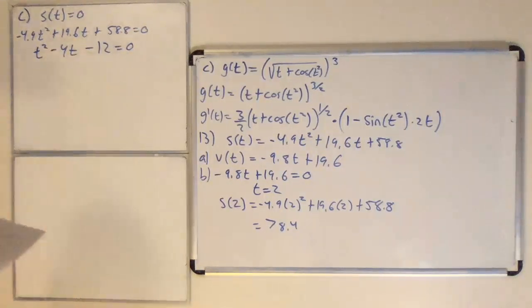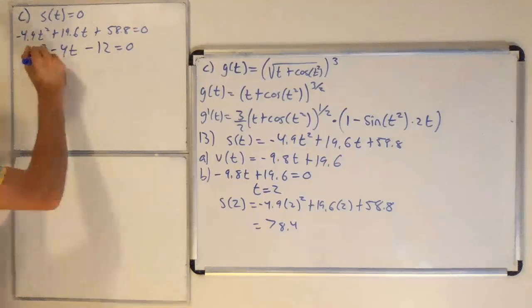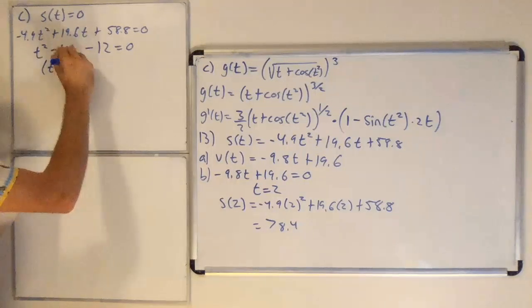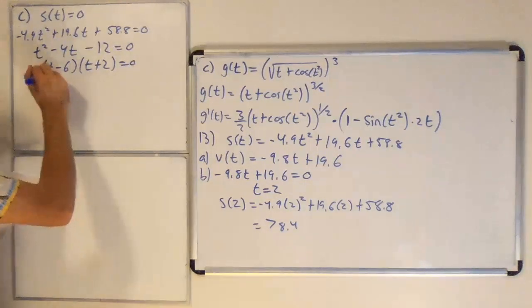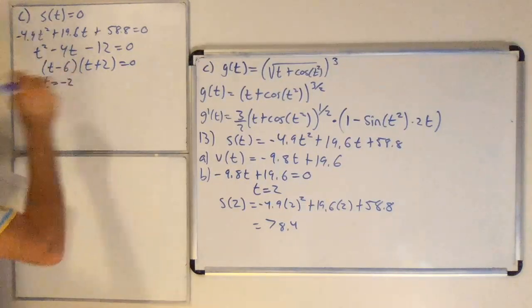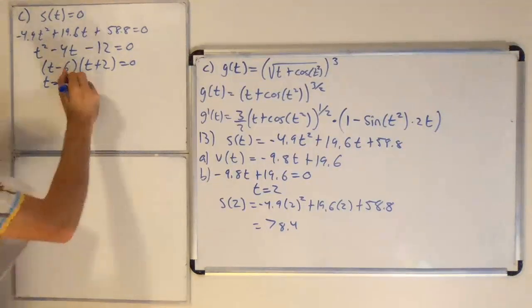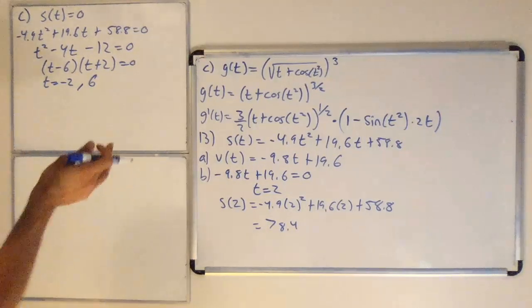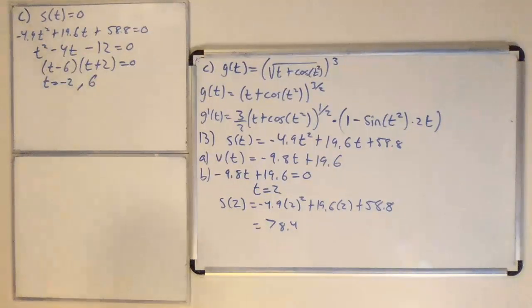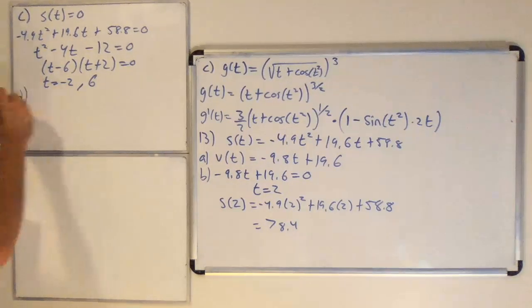And then we could factor this. So it hits the ground at time -2, so it was at the ground 2 seconds ago and 6 seconds in the future. Okay, so depending on the context, maybe you throw out t equals -2, but it's not clear from the question, so we'll keep it.